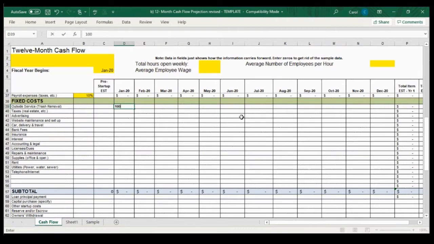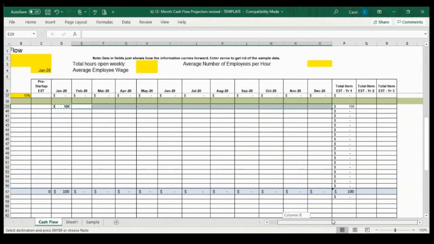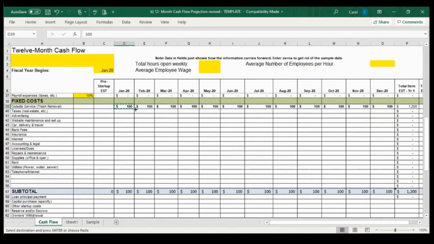While the amount of trash being removed may vary depending on how busy you are, you're probably going to have a fixed amount that you will pay to have trash removed every month. For the sake of discussion here, we're going to use $100 a month, which is not unusual for a business to pay for commercial trash pickup. So if you have commercial trash pickup, we'll budget $100 a month for that.